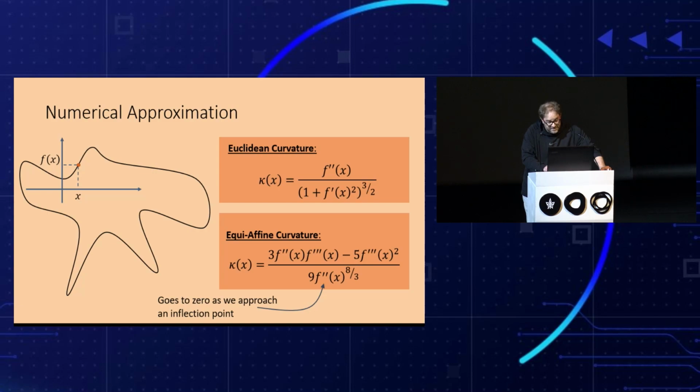It has inherent instability because, as we see, the expression for the equi-affine curvature has the second derivative in the denominator, and therefore at inflection points it will explode. So we won't be able, for example, to approximate numerically stable signature curves for curves which are not convex.